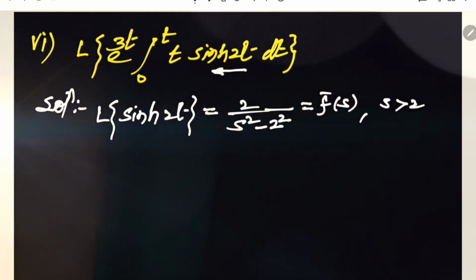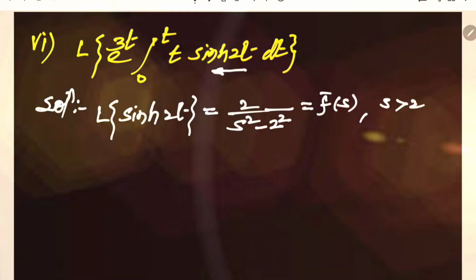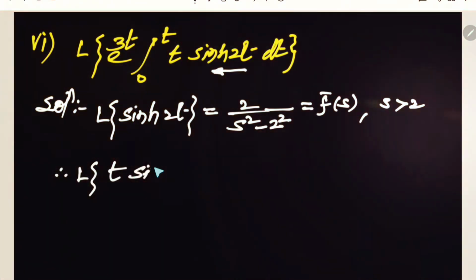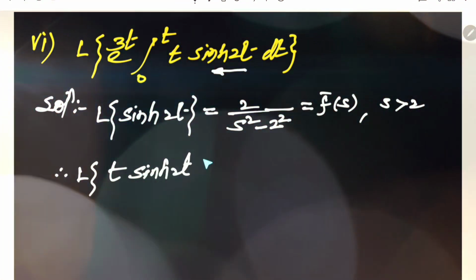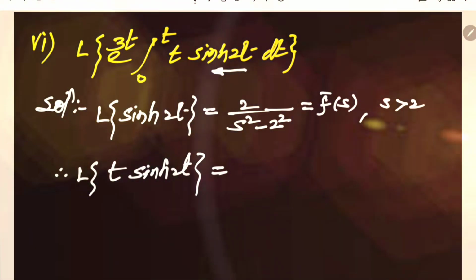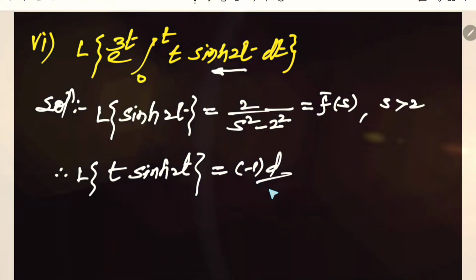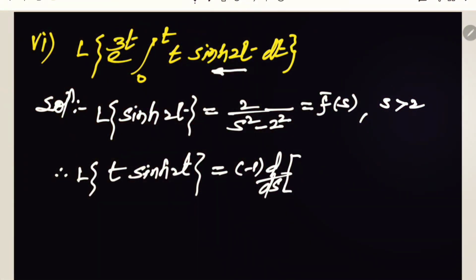First step. Stepwise marking is always there if your initial steps are correct. Then Laplace transform of t into sine hyperbolic of 2t, minus 1 raised to 1 d by ds of f bar of s.